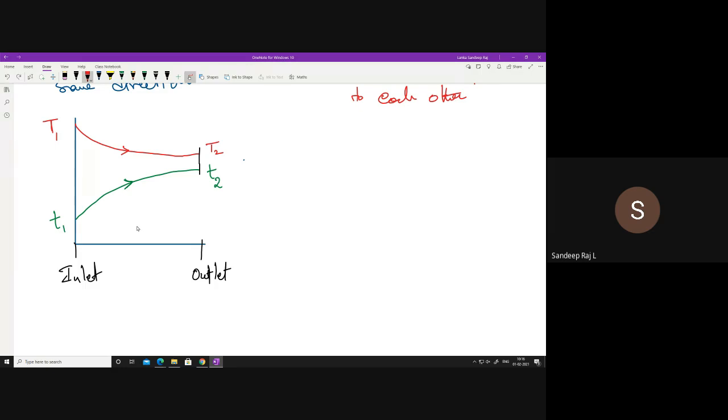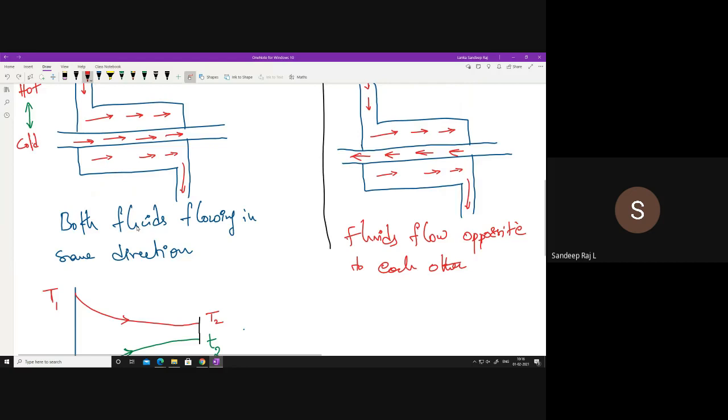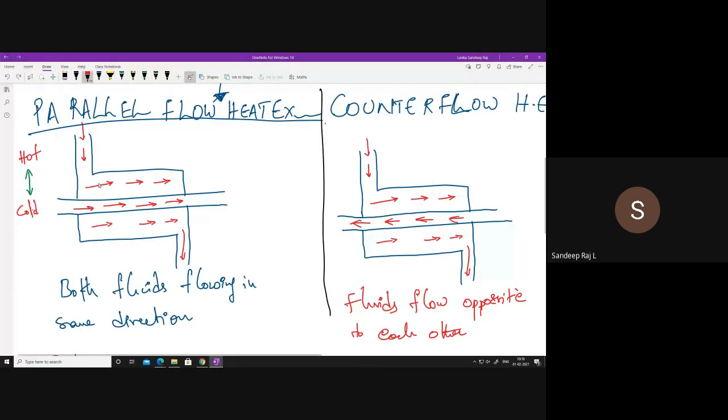See, essentially what's happening here is the hot fluid will exchange heat with the cold fluid. From the hot fluid, heat is flowing to the cold fluid. In the process, the hot fluid is getting colder and the cold fluid is getting hotter.